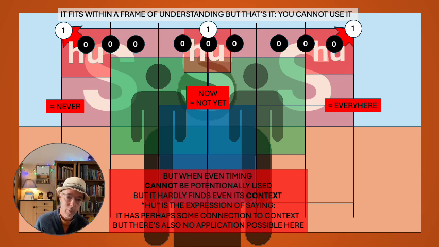Ha is one of the two laughters in the system. It says I cannot use it potentially, but it exists as a context of its own maybe, but I cannot connect to it. There's no application possible, so I just say, huh, it's getting outside my system of connecting with it via language and via understanding each other. That's the last sound that is produced in the system of all the levels.